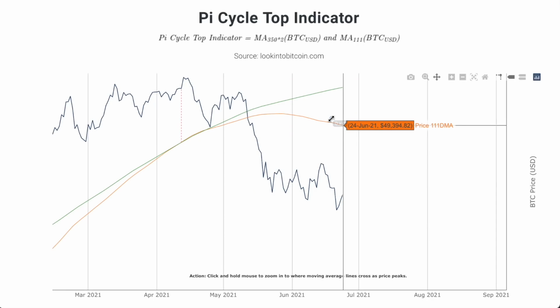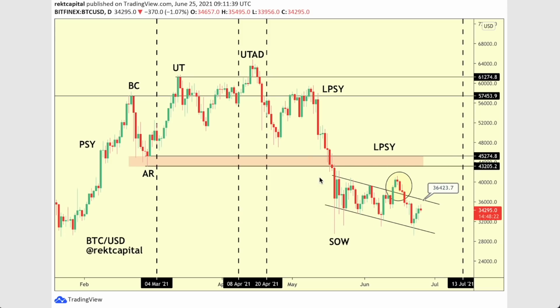Could the Pi cycle moving average really decline by $4,000, $5,000, $6,000 in the next few weeks? Depending on how strong this recovery will be, whether that recovery will at least come at all. Let's assume there will be a recovery. If we do see a breakout towards the upside, if it happens today, then no, we won't see that confluence between this moving average resistance and this bottom macro distribution range. We won't see confluence then.